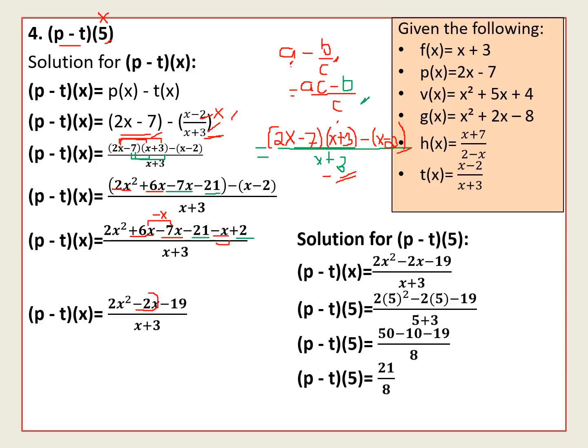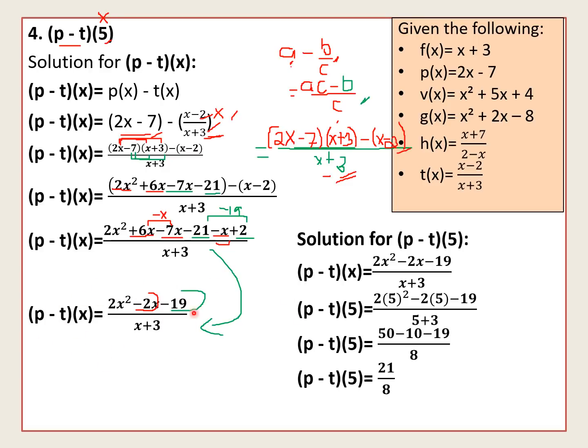Si constant naman would be negative 21 plus 2. It would be negative 19. Kaya nakuha natin ito, negative 19. Then, si denominator, kopyahin lang yan. Okay? Can we still simplify this function or the difference between p and t? Hindi na po. So, this would be the difference.